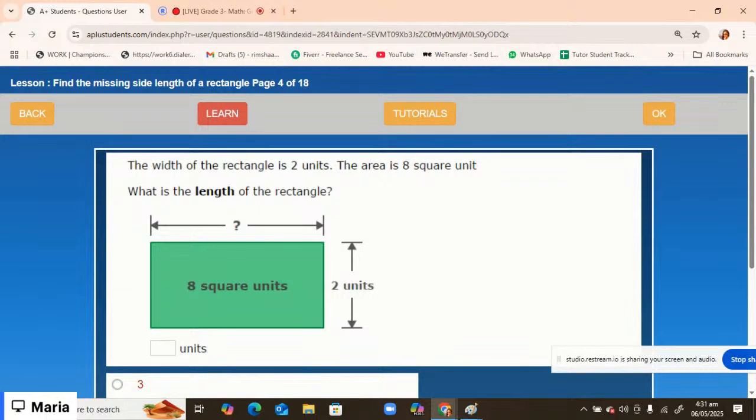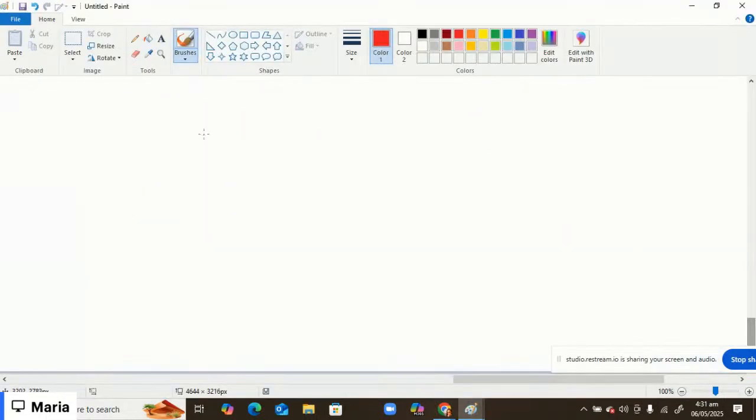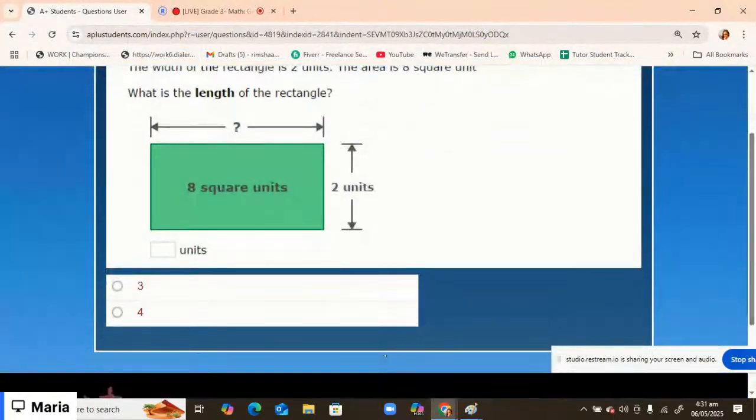Divide 8 over the 2. What is the answer? You are going to divide 8 over the 2. So 2 times 4 is 8. So here is the 4. Let's see, is there any option for 4? It's here.